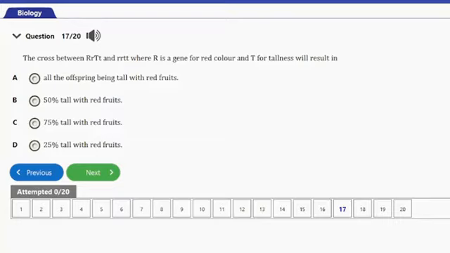So guys, the answer to this question will be 25% tall with red fruits.